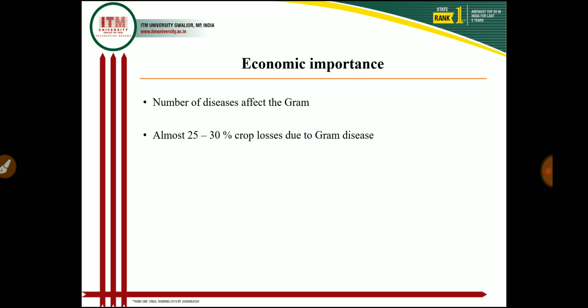Then, the economic importance of today's lecture. As you know, a large number of diseases occur in the gram crop, and almost 25 to 30% crop losses are due to gram diseases. If farmers control these diseases in the field, they increase the production of the gram crop.